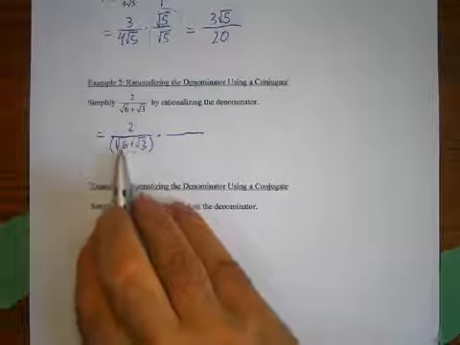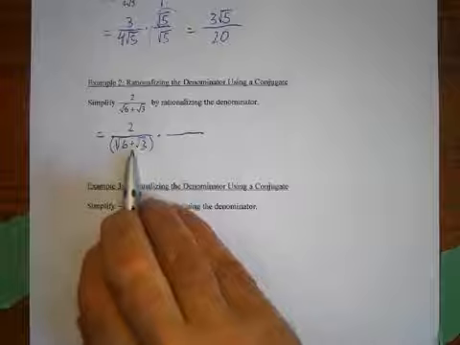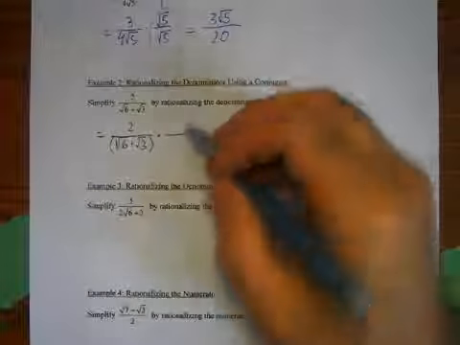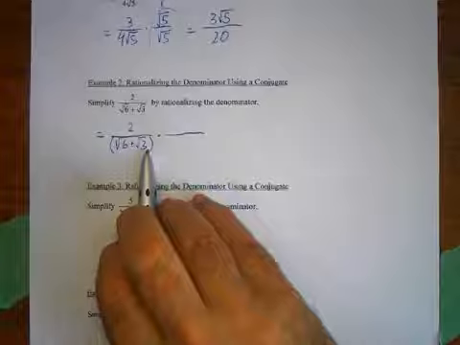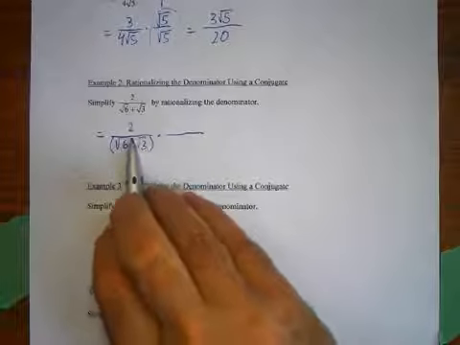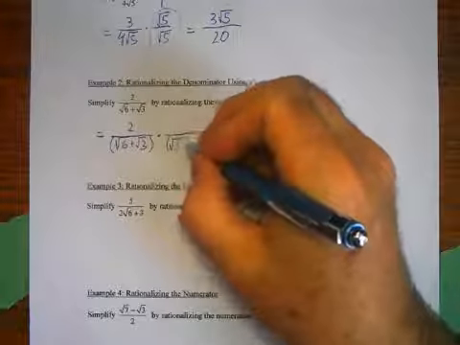Anytime we have a binomial with a radical in it, we use the conjugate. The conjugate of a binomial is very simple. It's just the same terms with the opposite sign between them. So in this case, the conjugate of root 6 plus root 3 is root 6 minus root 3.